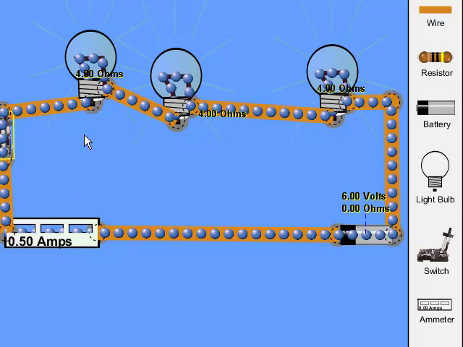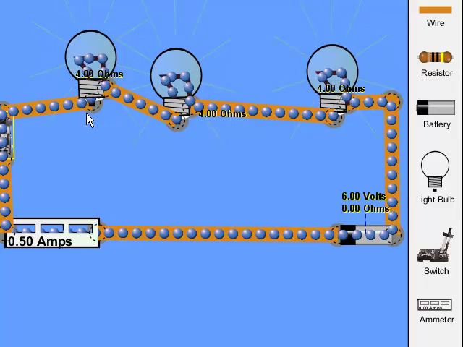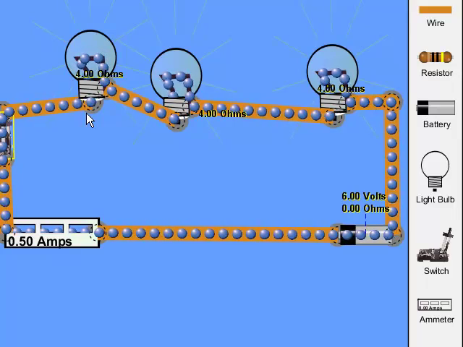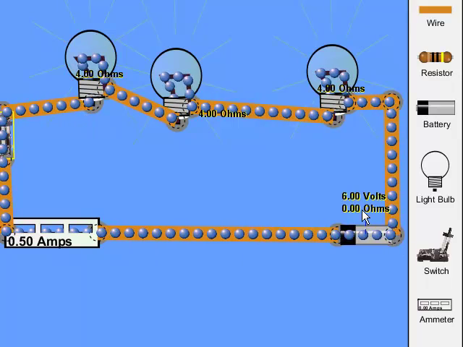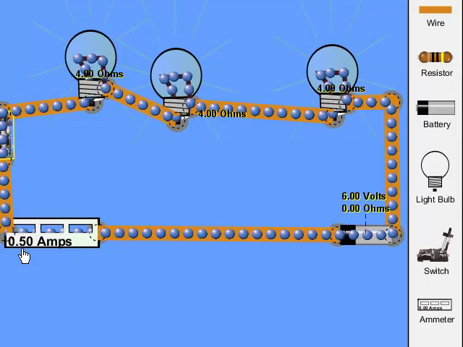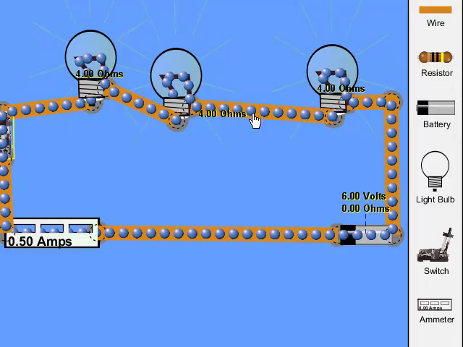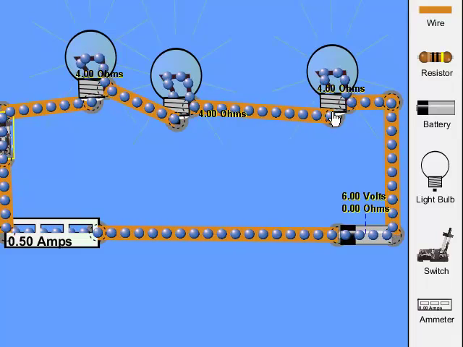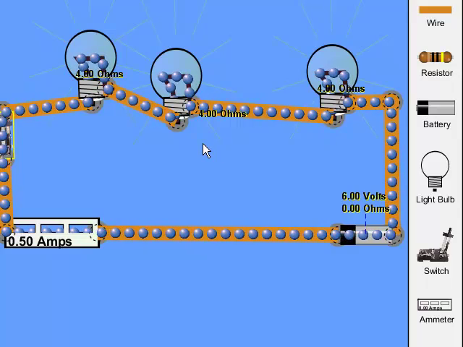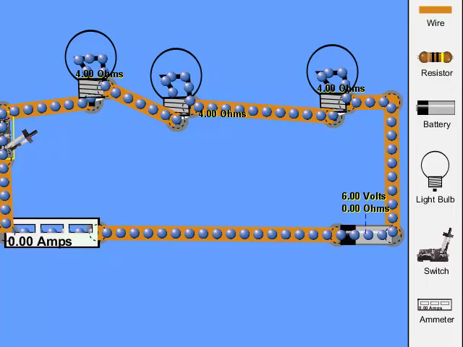And that actually answers a follow-up question which says, what's the formula for adding resistances in series? Well, 6 volts divided by 0.5 amps is 12 ohms, and when I look at the individual resistances, 4 and 4 and 4 is of course 12 ohms as well. So that pretty much answers all the questions that are listed there, but let's do it on paper anyway.